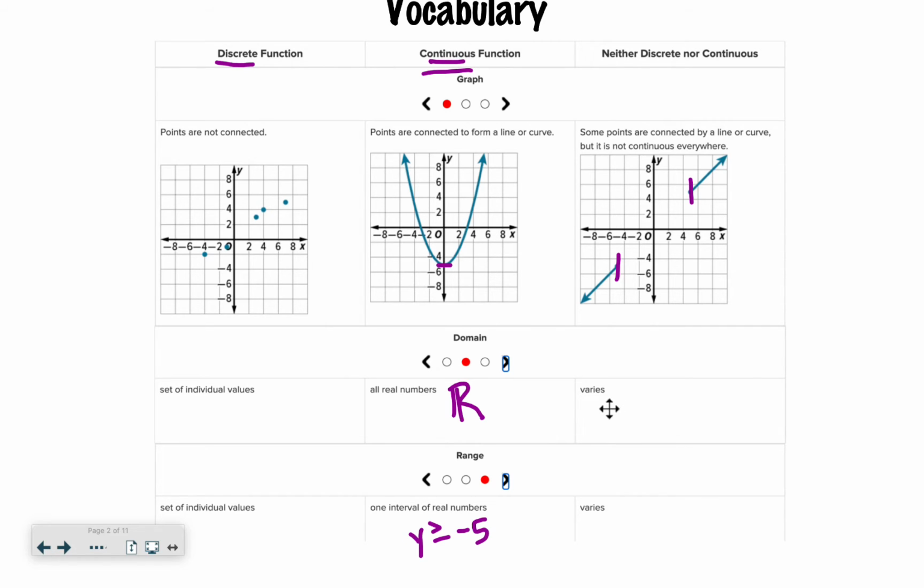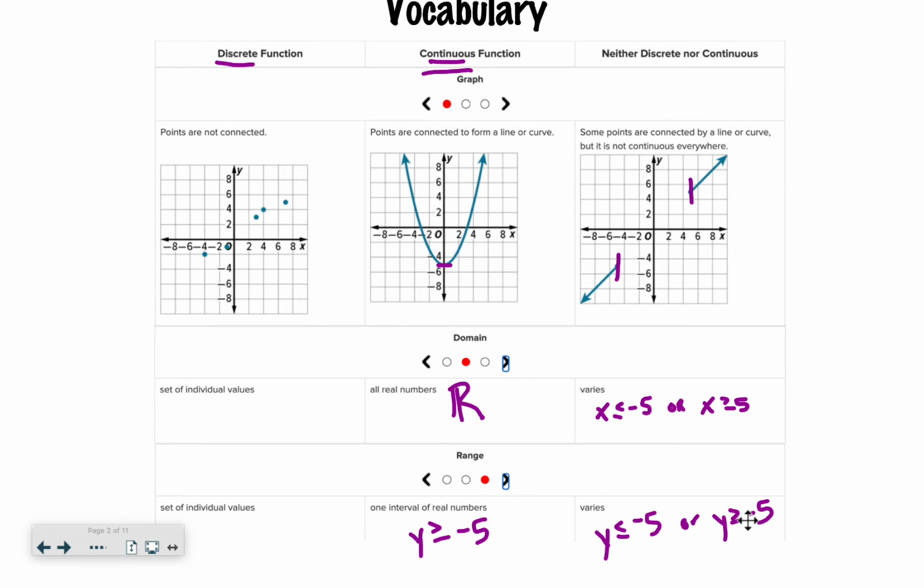So you would have x is less than or equal to -5, or x is greater than or equal to 5. So you can see that it'll vary depending on where the space is in the graph. And then the range, again, it's at -5, so you'd say y is less than or equal to -5, and y is greater than or equal to -5.